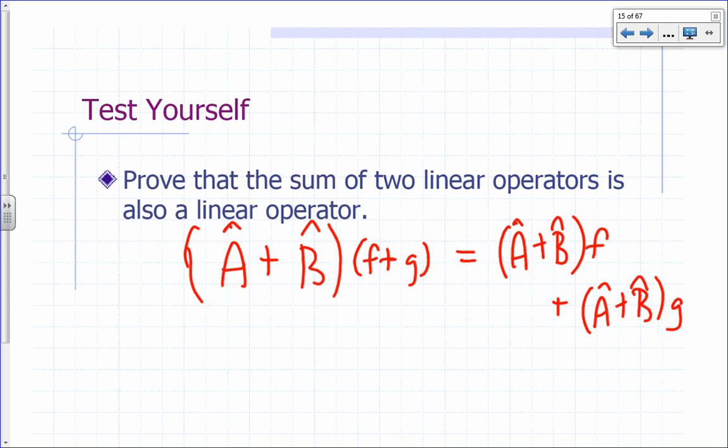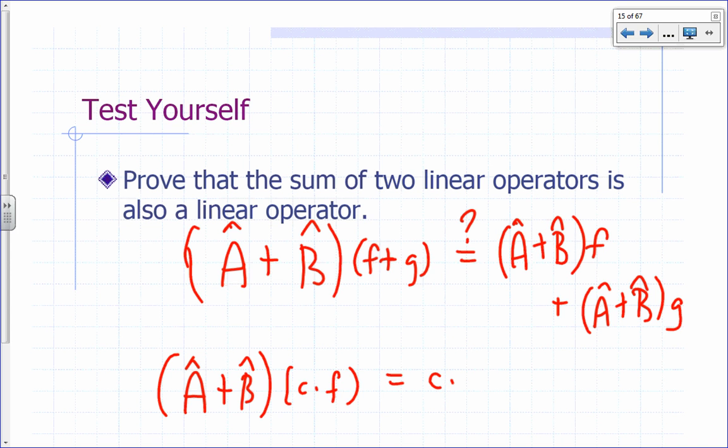And the second condition you need to satisfy to prove is that A hat plus B hat operating on constant times F is equal to constant times A hat plus B hat operating on F. Okay? So that's what you need to prove.